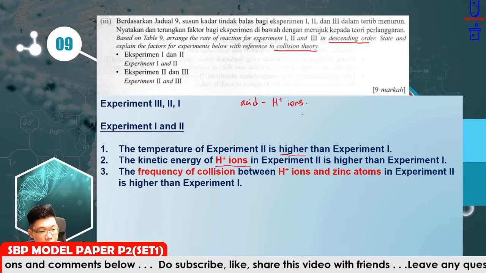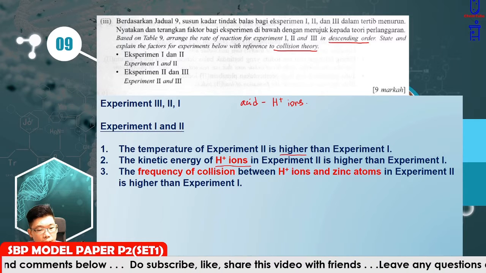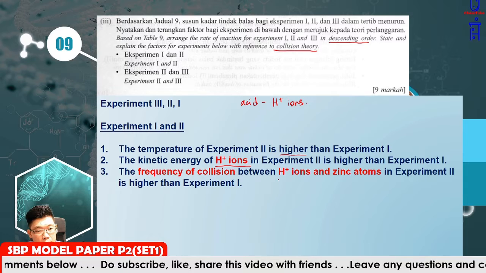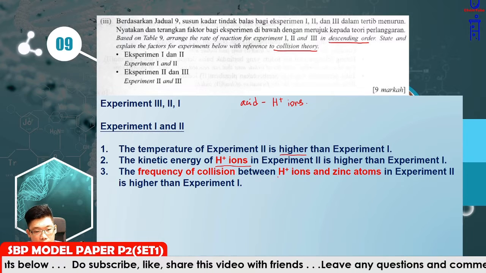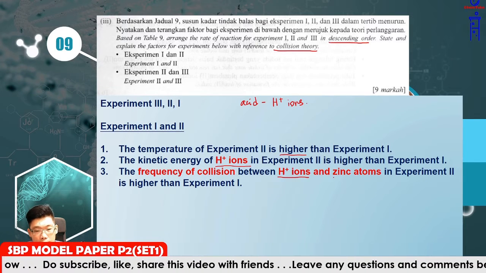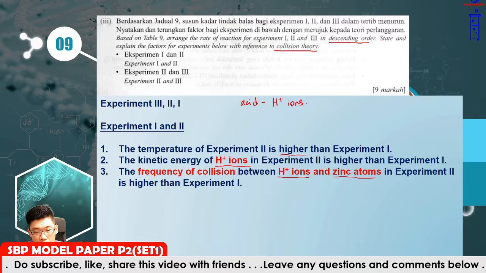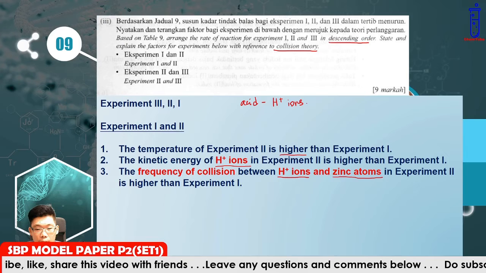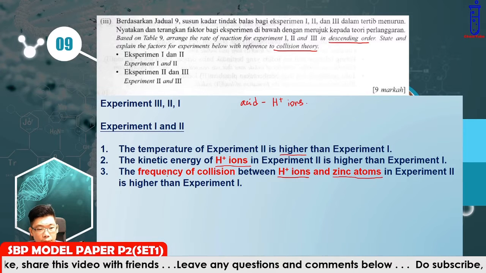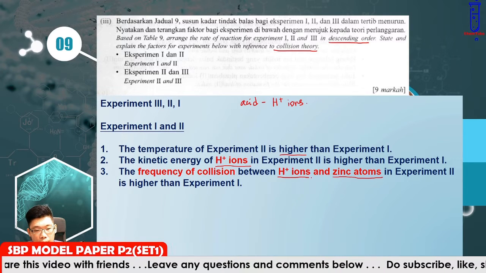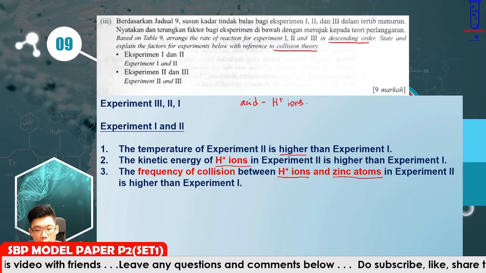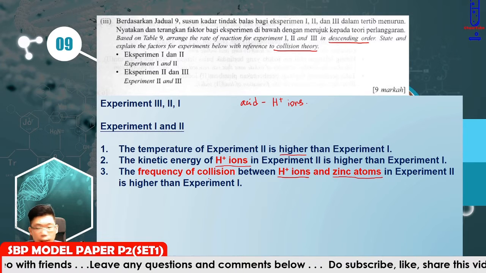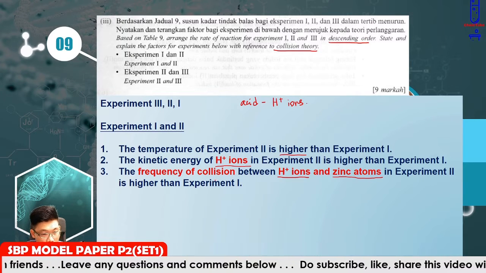So next point, frequency of collisions between the particles. So here acid gives hydrogen ions, and then zinc is a metal, right? So it's zinc atoms. So they will collide during the reaction. So frequency of collision between the hydrogen ions and zinc atoms in experiment 2 is higher than experiment 1.